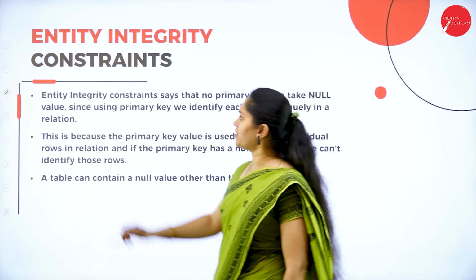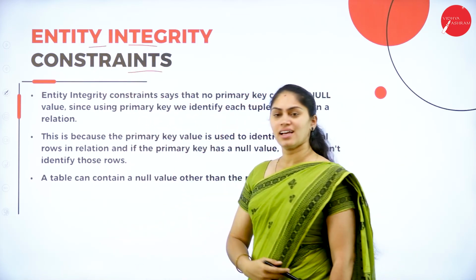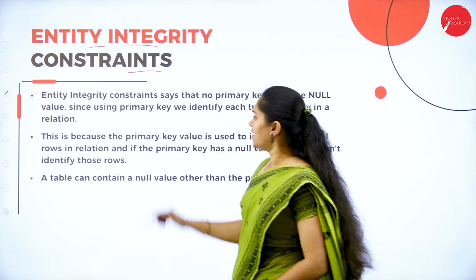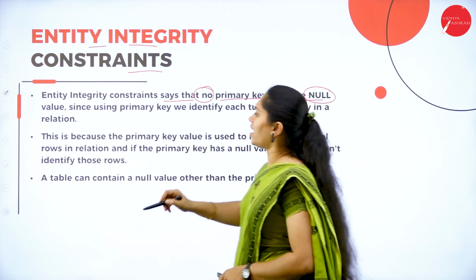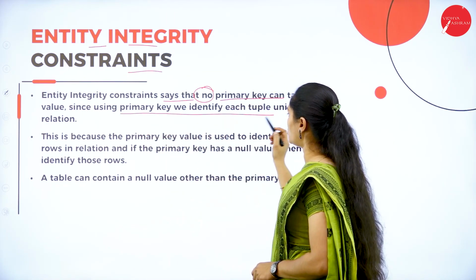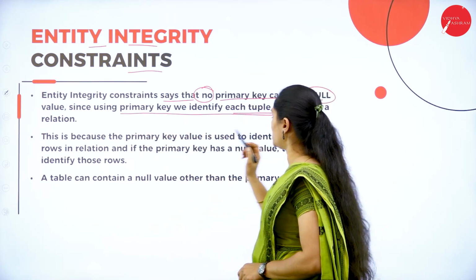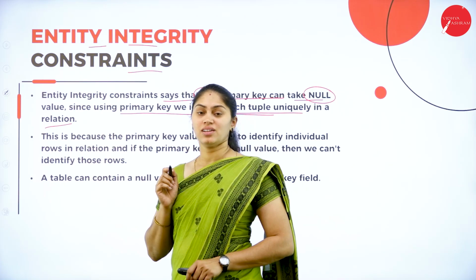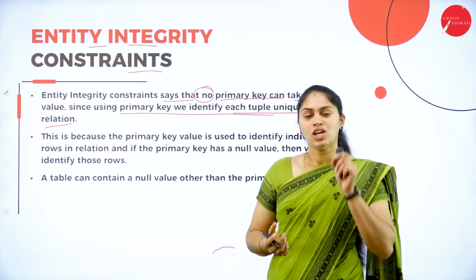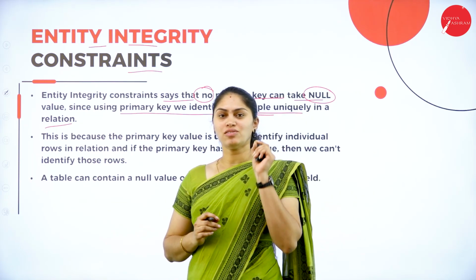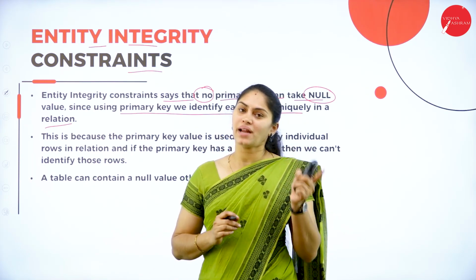So in that, first we have an entity integrity constraint. What do you mean by it? It says that no primary key can take null value. So we are using primary key to identify each tuple uniquely in a relation. This entity integrity constraint specifies that we should not allow any null values in the primary key.